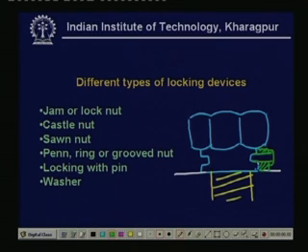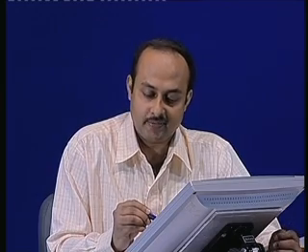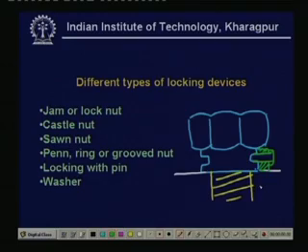So, this provides again some damping, and this kind of nut, that is pen, ring or grooved nuts, is normally used whenever we provide this arrangement near the edge of a plate. That is, whenever an edge is nearby, then we use this kind of grooved nut arrangement to prevent the self loosening of the bolt.